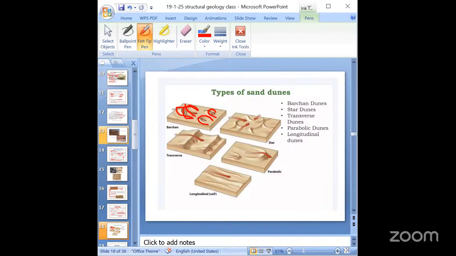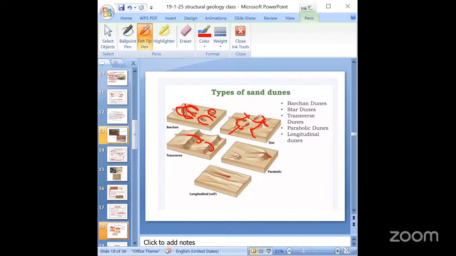These are star dunes, like this. It's showing star and transverse dunes. You see here, this one, transverse and parabolic dunes.